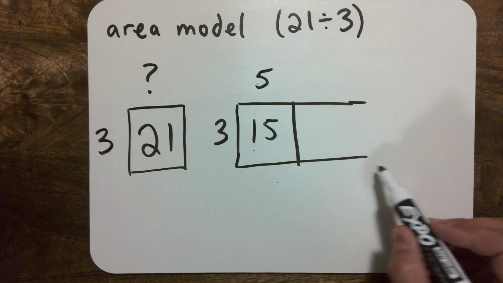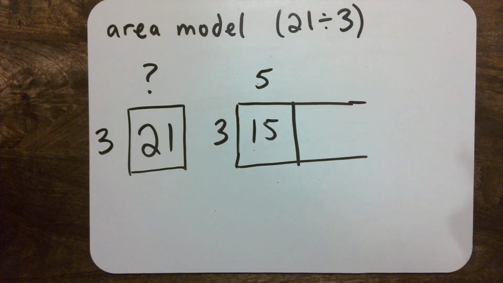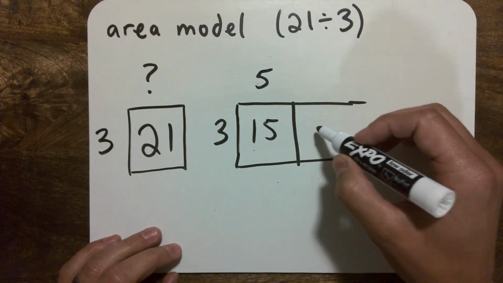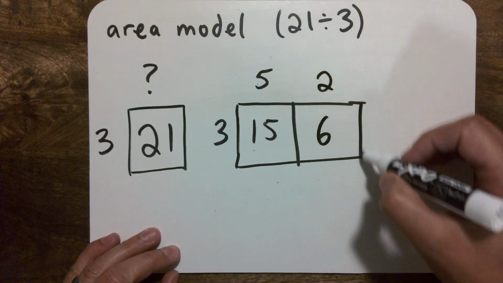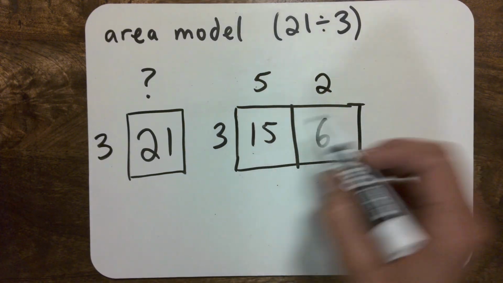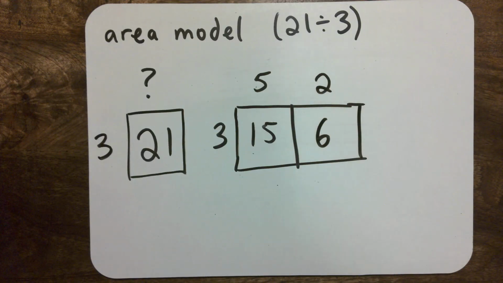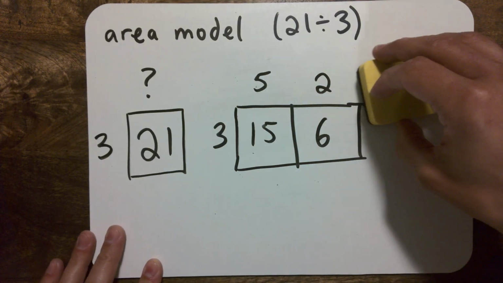Okay, I need this total box to be equal to 21. So then, again, we can put a small little area of 2, and that would give us 6. Okay, so now this entire rectangle has an area of 15 plus 6 equals 21. Okay. So that's a representational model, the area model.